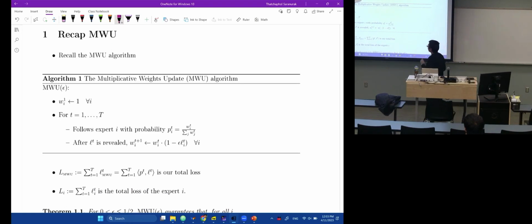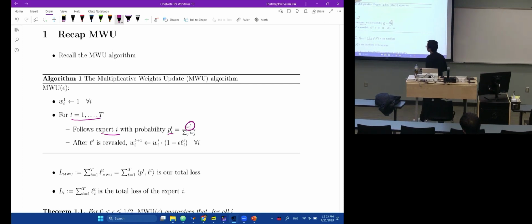The algorithm takes a parameter epsilon, and you initialize the weight on every expert to be 1 uniformly. And then for each day, you choose each expert i with probability proportional to the weight.